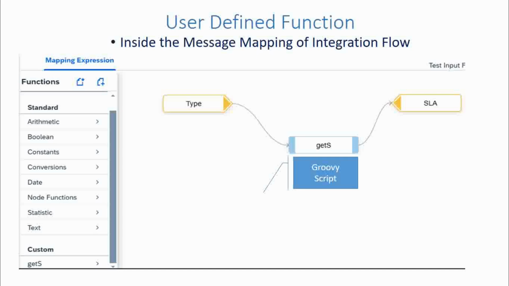There are some standard functions which are used for arithmetic functions and boolean functions, constants, conversions, date functions, etc. The same way you can define your own custom defined function, which we can use inside the message mapping, right?